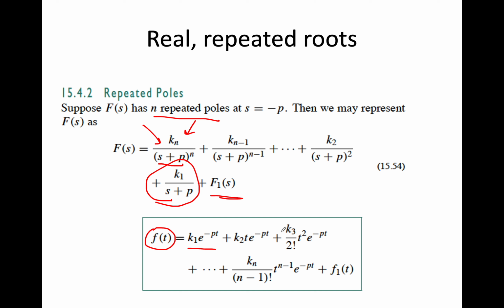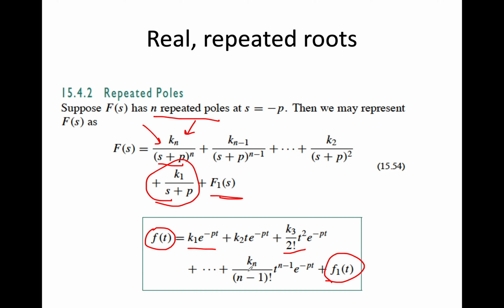And if n was equal to 3, a third order, you would have this additional term in t squared. You continue until you reach the nth term. So if it's a 5th order, you would have 1, 2, 3, 4, 5 terms in your sum here, and then whatever the inverse transform of whatever else was left in the function.